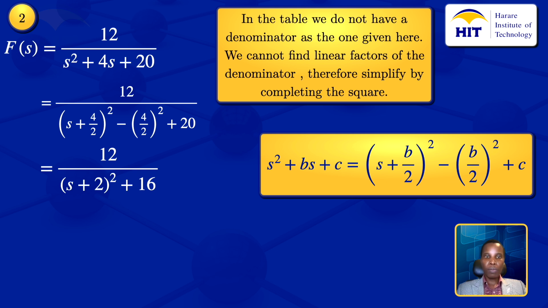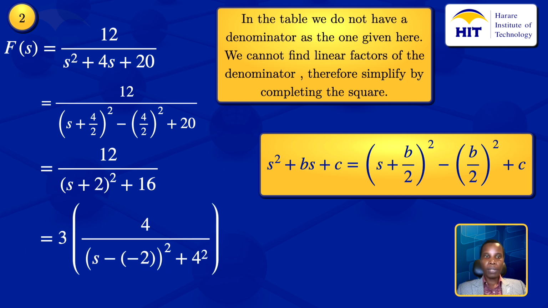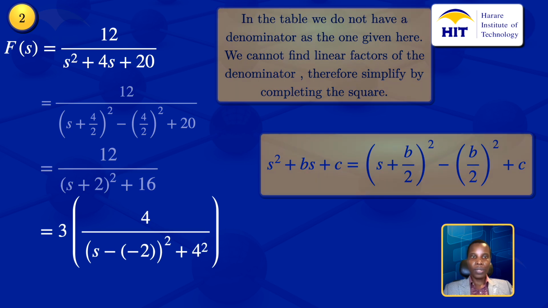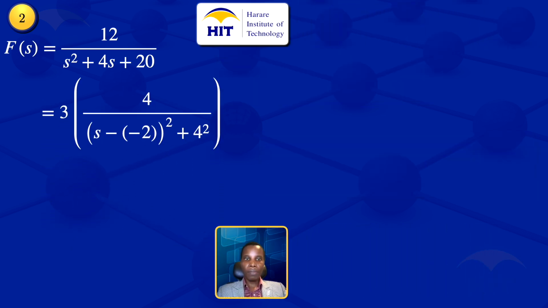Also, in our table of Laplace transforms, the other term should be squared. So we write this 16 as a square and factor out a 3, which is common. That would be 3 times 4 divided by (s plus 2) squared plus 4 squared. So that is the expression that we have now.